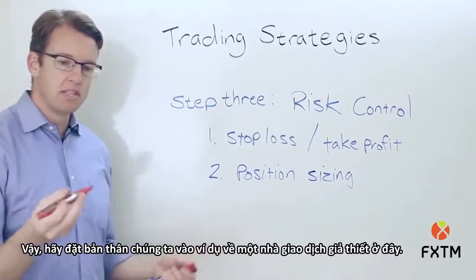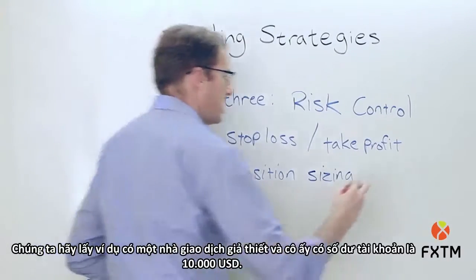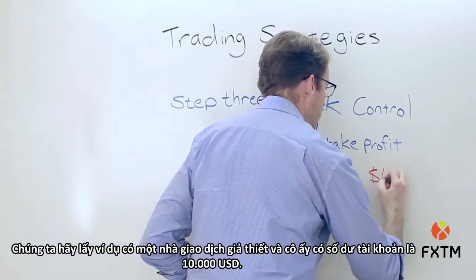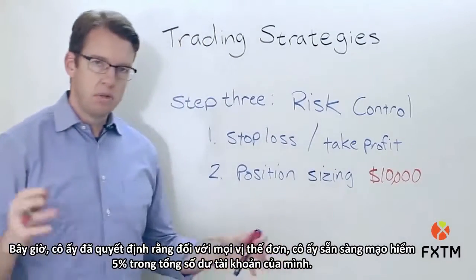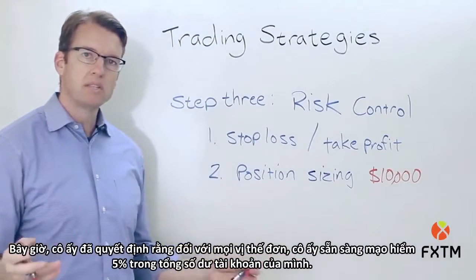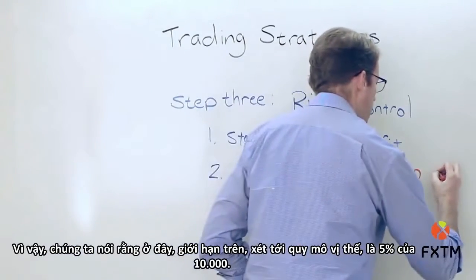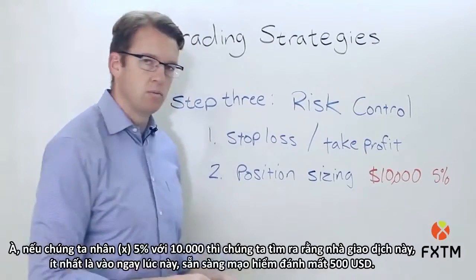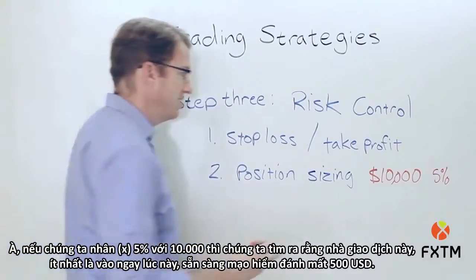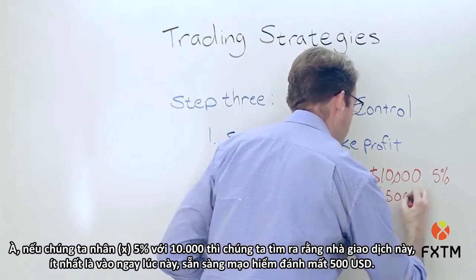So let's put ourselves in the example of a hypothetical trader here. Let's say that there was a hypothetical trader, and she had account equity of $10,000. Now, she had decided that in any single position, she was willing to put at risk 5% of her overall account equity. So we'll say here the upper limit as far as the position size is 5% of 10,000. Well, if we multiply 5% by 10,000, then we find out that this trader, at least right now, is willing to put at risk $500.